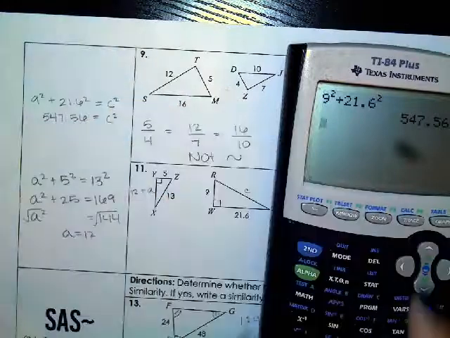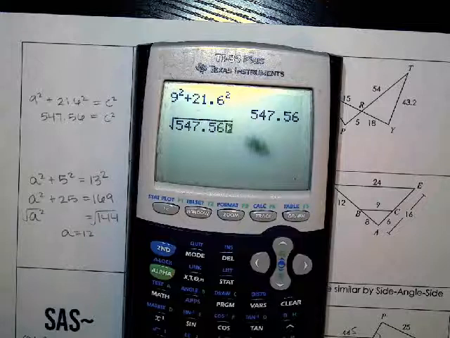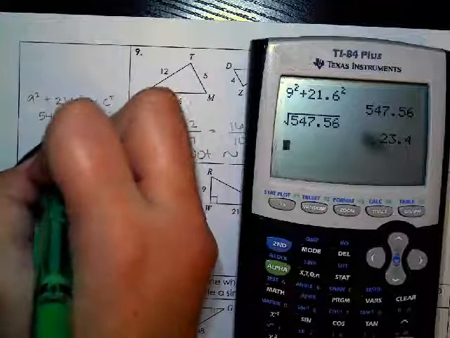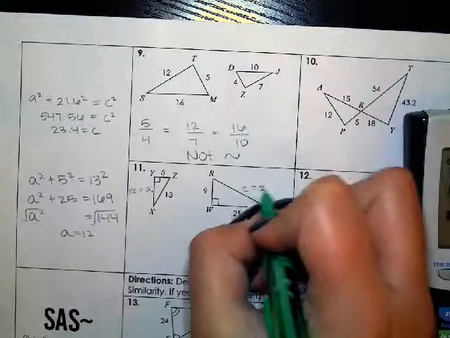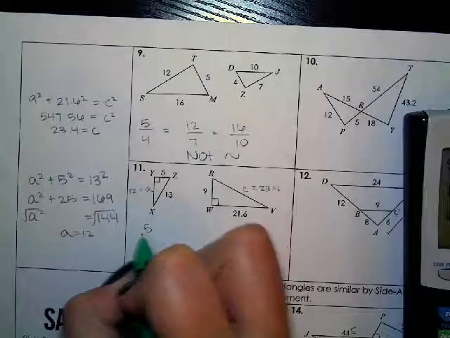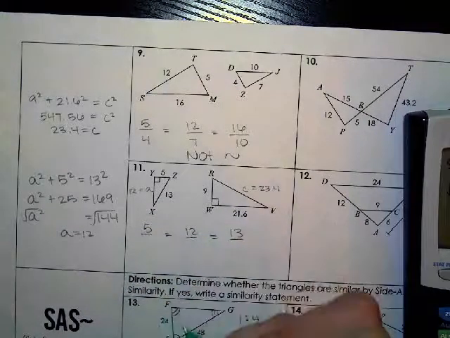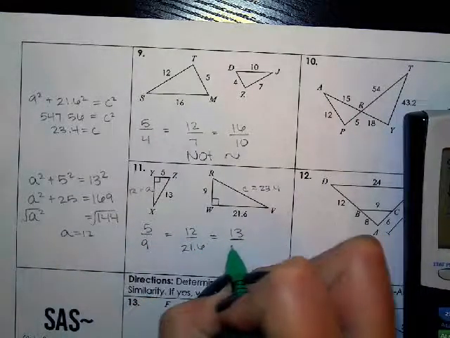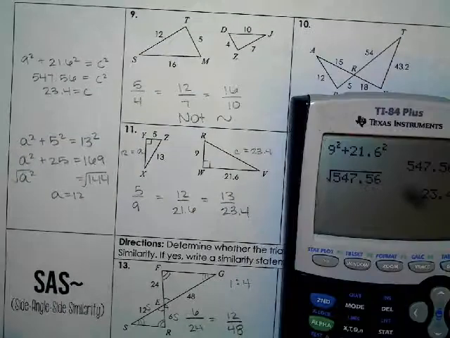So I'm going to square root 547.56. Oh, 23.4. We'll see. 23.4 equals c. Okay. All right. So we've got the shortest, the medium, the longest, and we're going to compare with the shortest, the medium, the longest. We're just going to see how these match up.